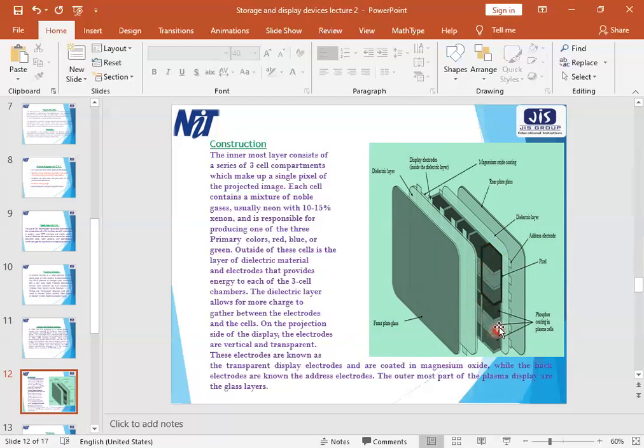And this is phosphor coating of plasma cells. Phosphor means phosphorus is there, so that we can have the visual sensation, otherwise there will not be sensation. And outer side is made up of glass. You see, this is glass, and this one is also, last, outer side is glass.